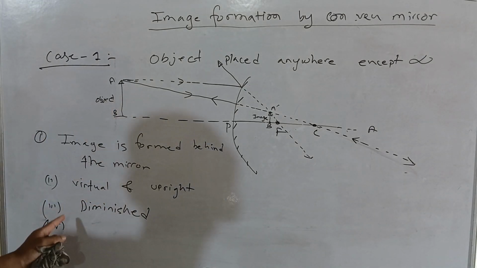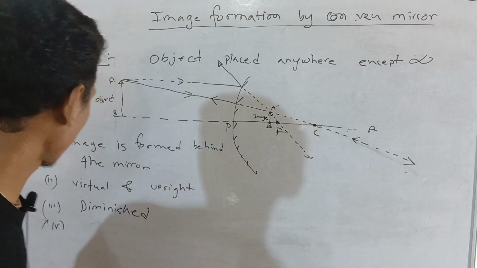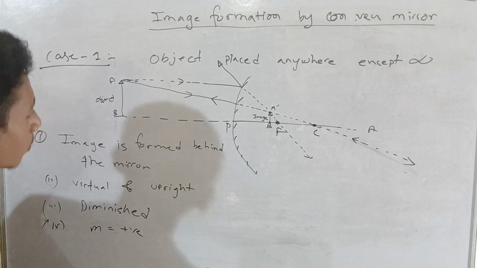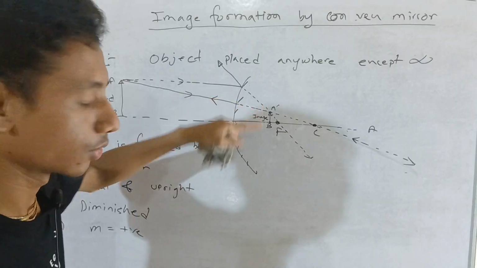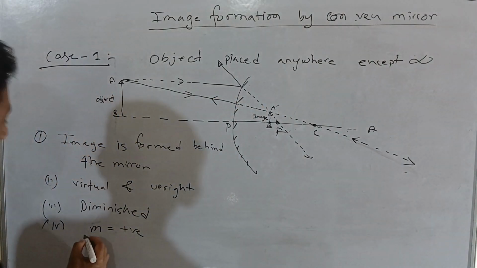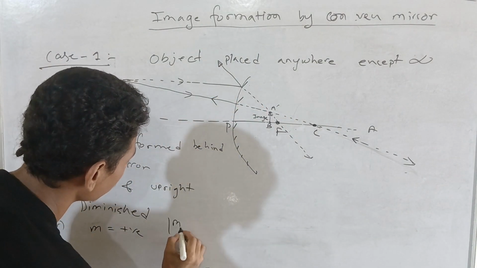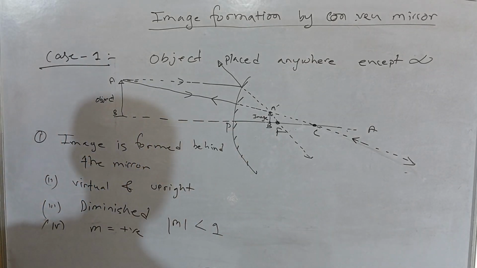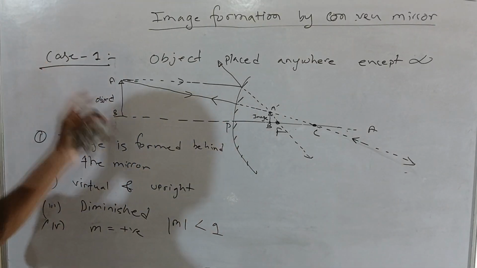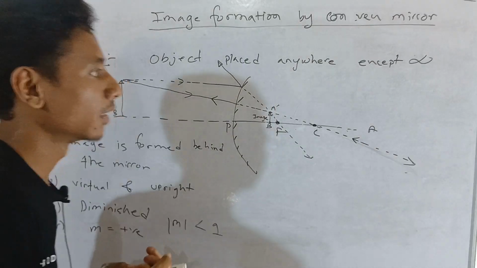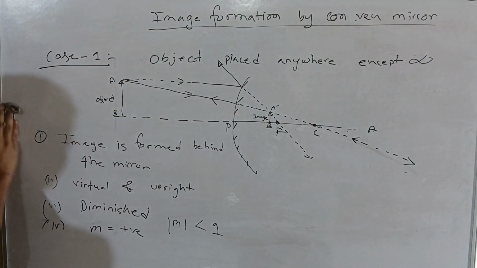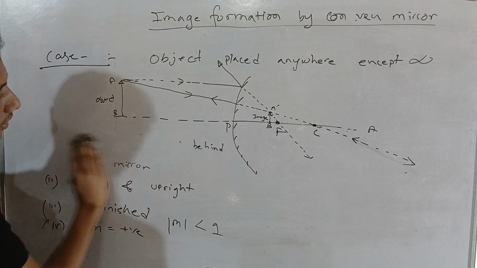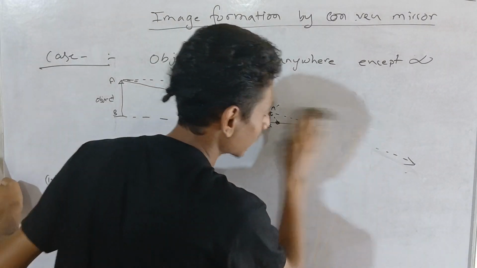Fourth characteristic: the image magnification is positive because both are upright, and the magnitude of magnification is less than 1. This is the first case. Copy it, then we draw the second case of the image. After that we discuss some important questions for the 2026 board exam.